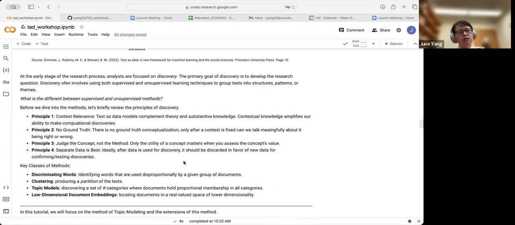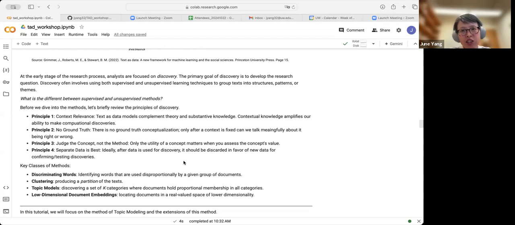At the early stage of the research process, as I said, the discovery will help us refine our research questions. And discovery often involves using both supervised and unsupervised learning techniques. You may ask, what is the difference between supervised and unsupervised methods?